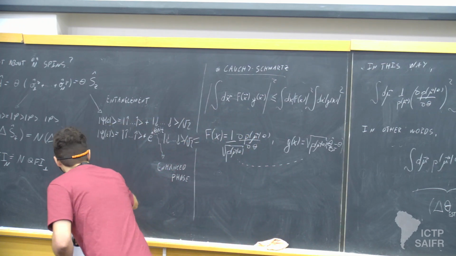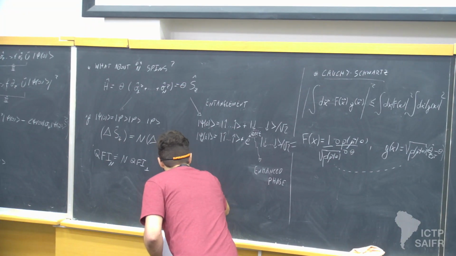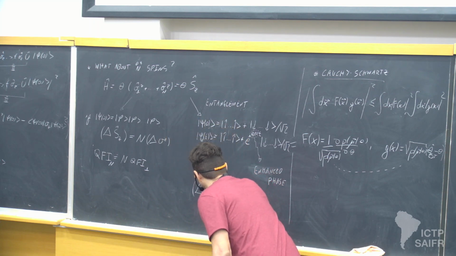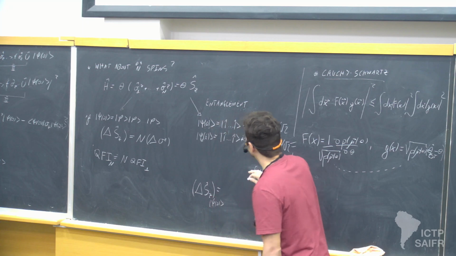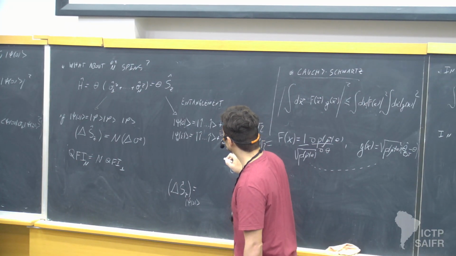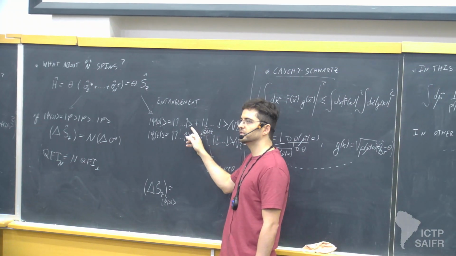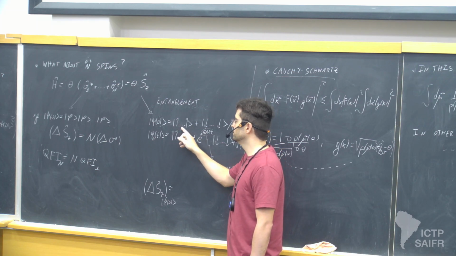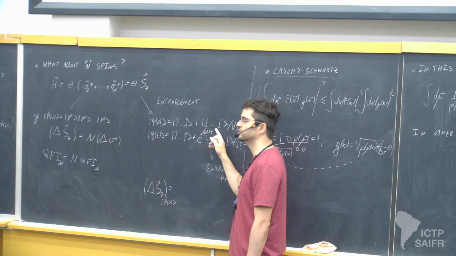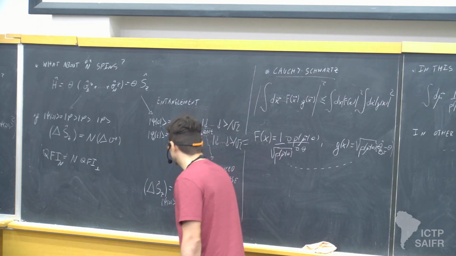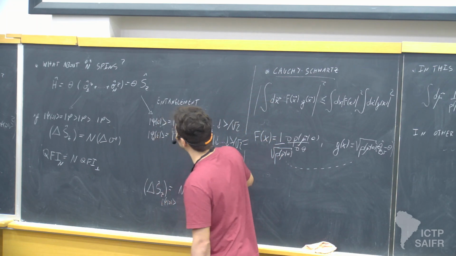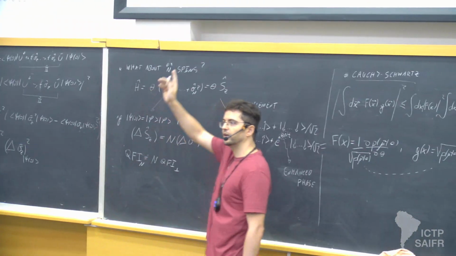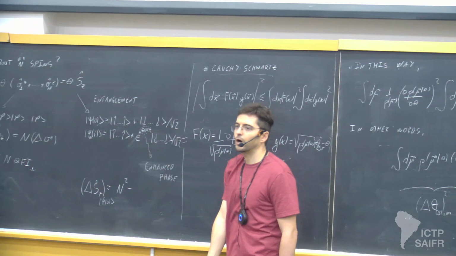In this case, it's not hard to show that the variance for this initial state is the expectation value of S squared in the initial state, which is just n squared. So S squared acting on this is just n, this is an eigenstate. So this is just going to be n squared minus the expectation value of just sigma z, which is equal to 0, because it has probability half to be up and half to be down.